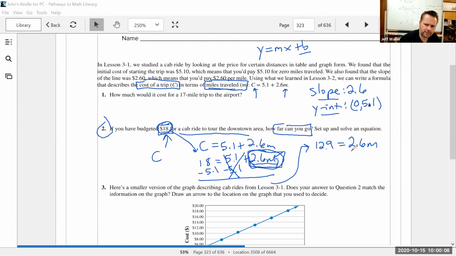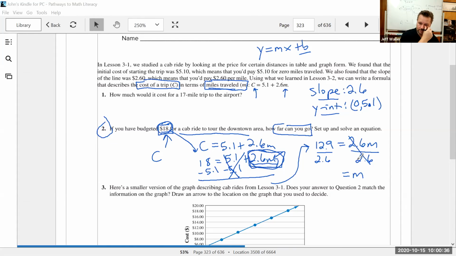Yeah, so if I divide both sides by 2.6, I always have to make sure that what I'm doing to both sides is actually canceling what I don't want, right? So I can't subtract because subtraction can't kill multiplication. I've got to divide. So I get m by itself, and what is 12.9 divided by 2.6?